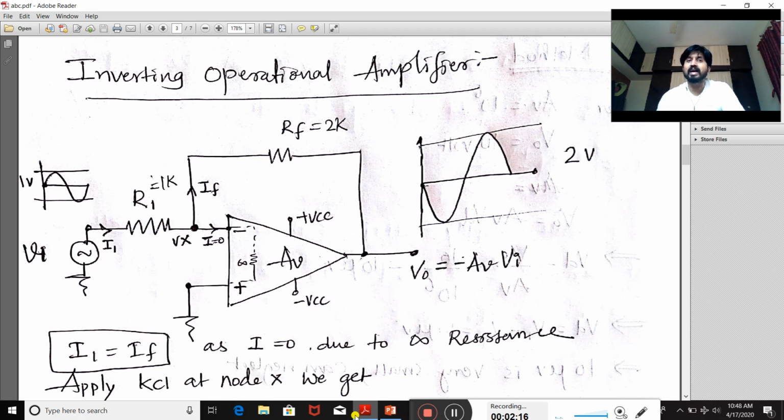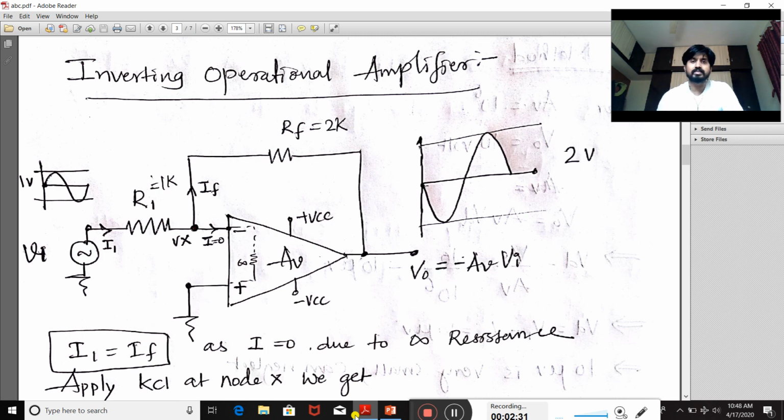It works as a comparator, not as an amplifier, but here this op amp is working as an amplifier only, and that too an inverting amplifier.